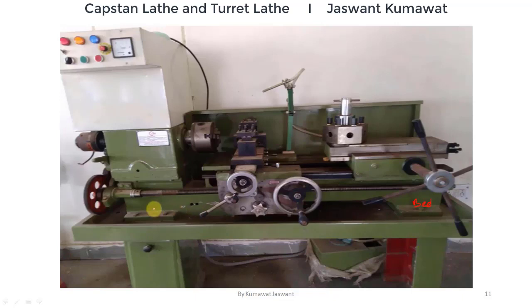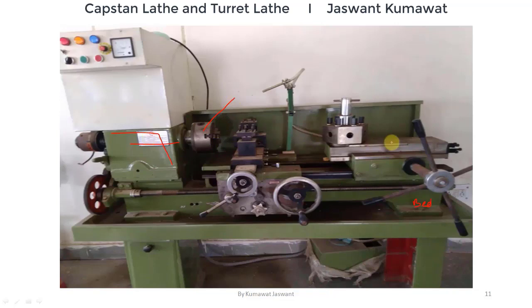On the left side of this bed there is headstock which houses the driving mechanism and a spindle. This spindle is a hollow shaft. This end of the spindle is threaded by which we can mount the chuck or collet chuck. Here this is chuck having jaws, or we can say it is 3-jaw chuck.